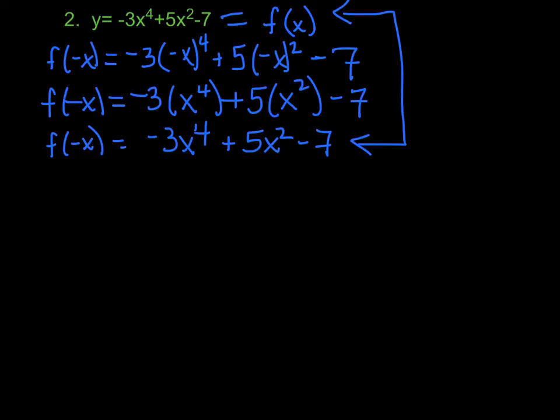So since the original equation, f of x, is equal to f of negative x, then we say that that function is even. In other words, symmetric with respect to the y-axis. Okay? All right, let's look at the next one.